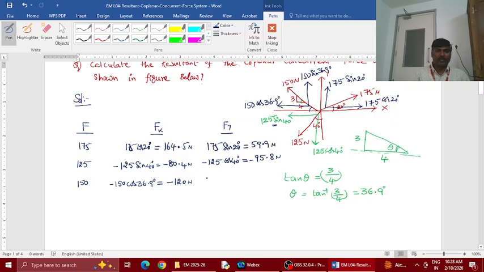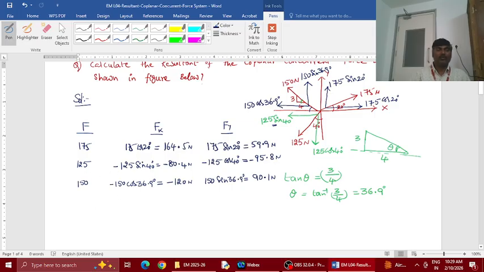The y component is towards the positive y direction, so it is 150 sin 36.9 degrees, which comes out to be 90.1 Newton. This is how we tabulate whatever the number of forces may be.